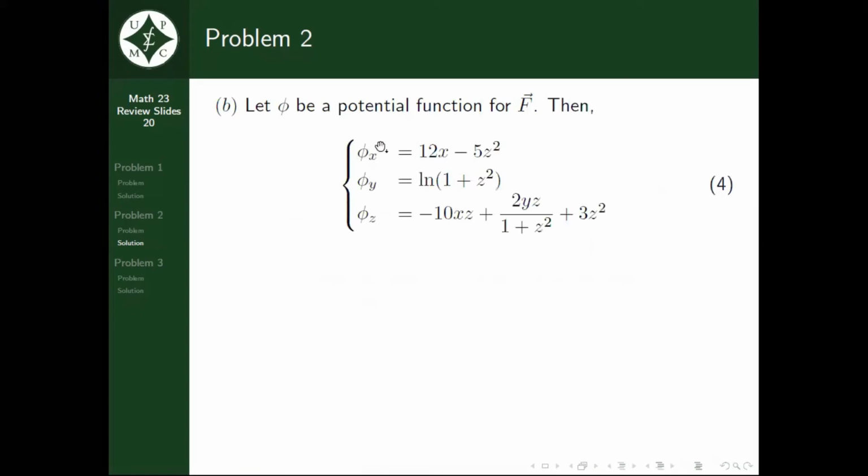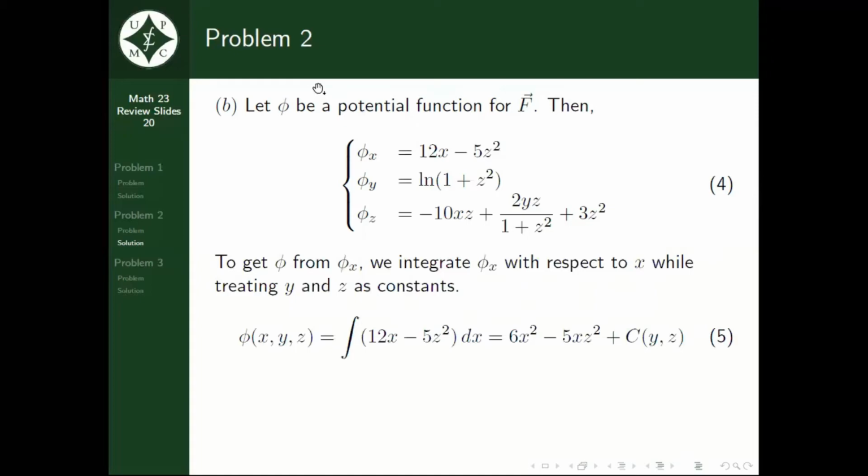So we have this set of equations, and then by following the same logic with a bit of an extension, because we are dealing with an additional variable, z. So we integrate with respect to x first because of this one. So we partially integrate with respect to x, and we have this one.